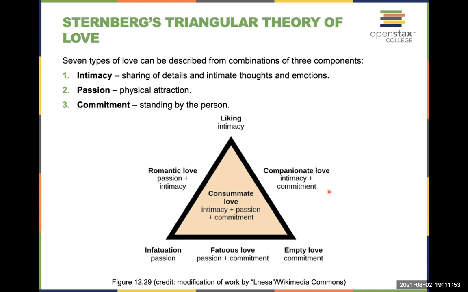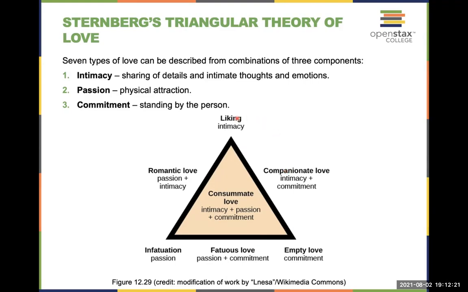You should be able to recognize that companionate love is intimacy plus commitment. And then there is romantic love, which is passion plus intimacy. And then there's consummate love, which is intimacy plus passion plus commitment, right?